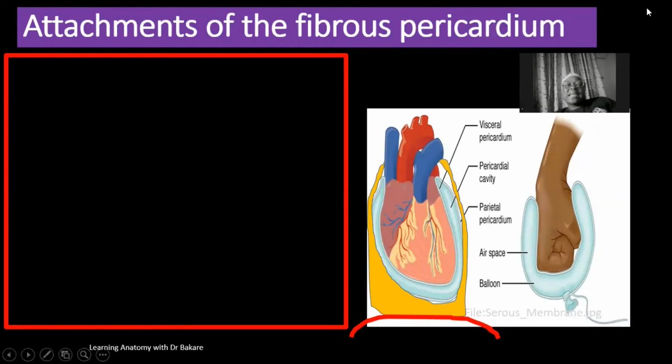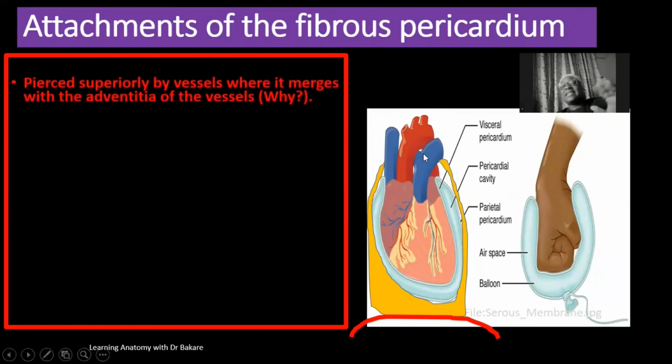Let's look at the attachment of the fibrous pericardium. We already highlighted one of its attachments at the inferior part, where it connects with the central tendon of the diaphragm. But let's look at other attachments that it has. If you look at it superiorly, it is pierced by the great vessels. And at this point, you see that it is connected with the adventitia of the great vessels.